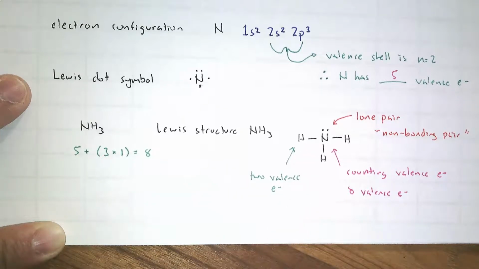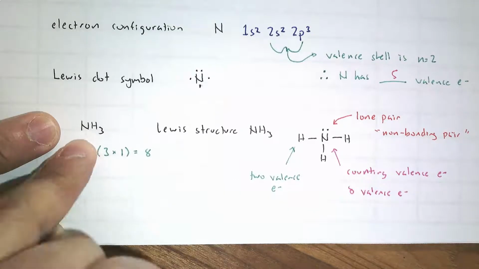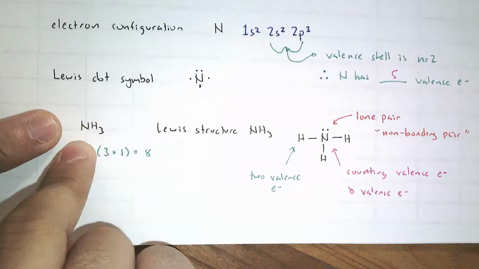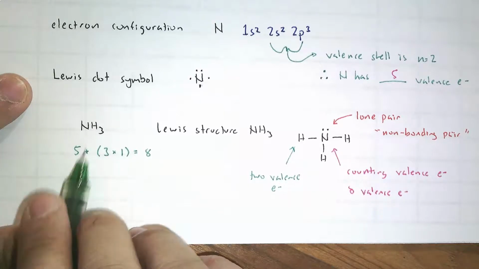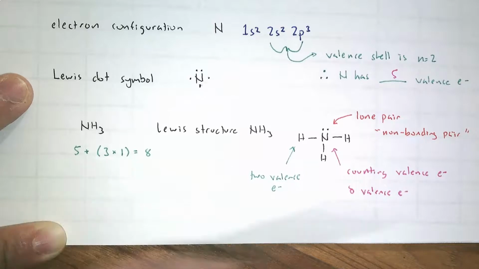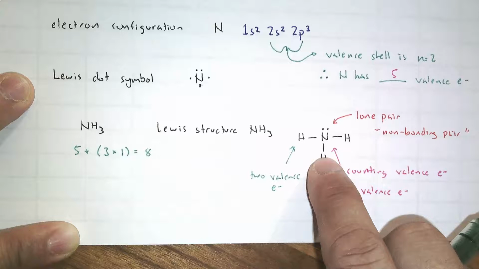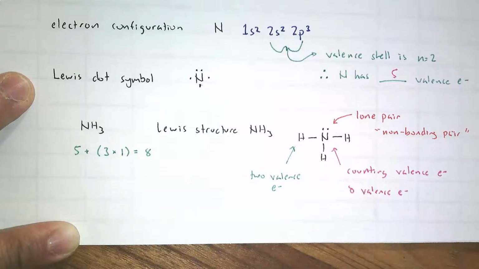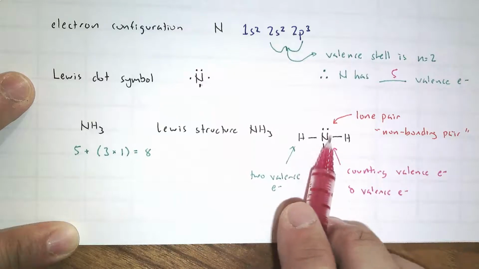When you count the number of valence electrons in the compound from the molecular formula, just add up the valence electrons for each atom. When you count valence electrons on the compound itself, what you're really doing is trying to see if the atoms satisfy the octet rule. So again, the counting is important. Around nitrogen, 1, 2, 3, 4, 5, 6, 7, 8.